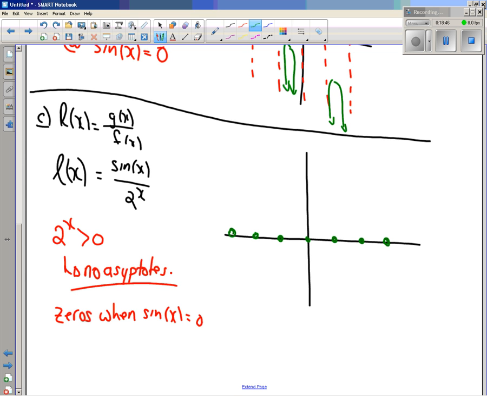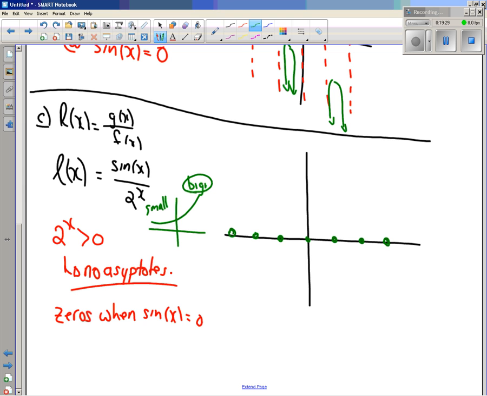So we know that 2 to the power x is always going to be positive. What else do we know about 2 to the power x in terms of the size of the number as it moves from left to right? Well, 2 to the power x is going to be small on the left side and bigger over here. Okay? So when we're dividing by a big number, it's going to make the resultant really small. And when we divide by a small number, it's going to make the resultant really big.